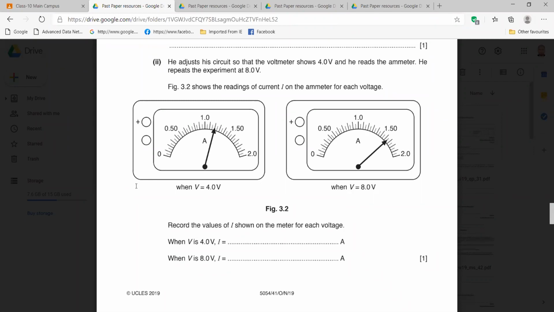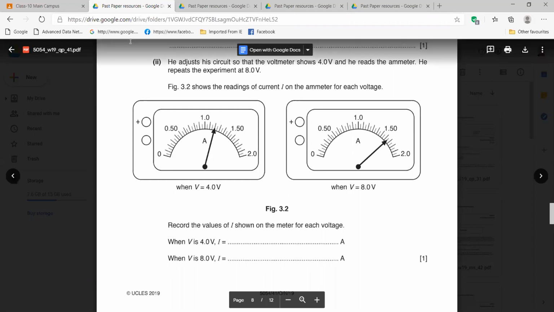Can you please tell me the reading? First one is 1.2 and second one is 1.7. So you should... 1.65 now. Okay, this one. First one, wait, the second is 1.65, this one 1.2.